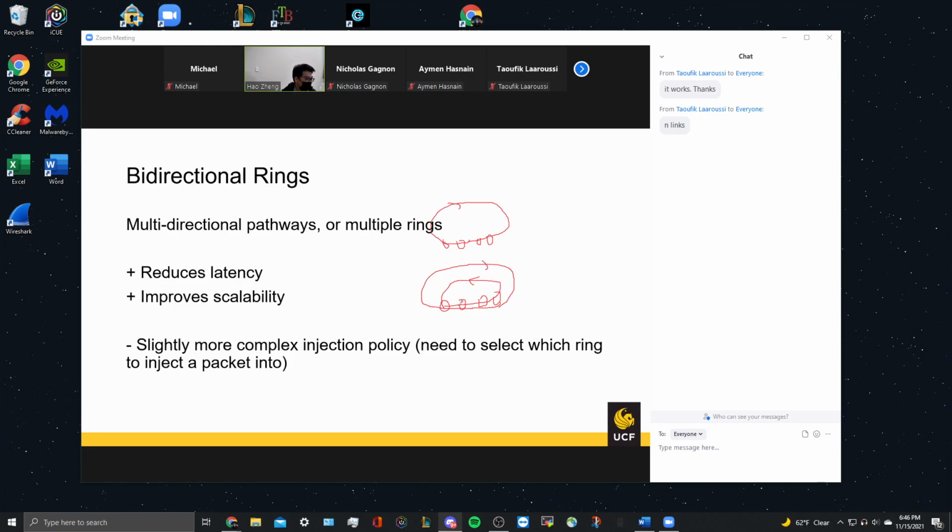Basically, you can consider this as 2 rings, to support 2 different directions, and 1 ring for only 1 direction. Right. So this can further increase your bisection bandwidth. Basically, double your bisection bandwidth. Is that clear? For this one, you cut in half 2, for that one you cut in half 4. Right. So these bidirectional rings have a better scalability as compared to a unidirectional ring. Am I right?